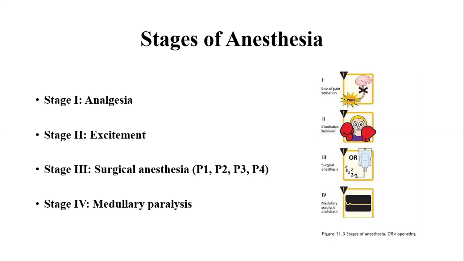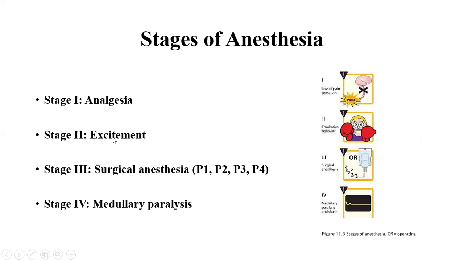When you provide general anesthetics to animals, they pass through four stages of anesthesia. The first stage of anesthesia is analgesia. In this stage, the animal is conscious, but there is no pain. He cannot feel pain. That's why this stage is known as the stage of analgesia.